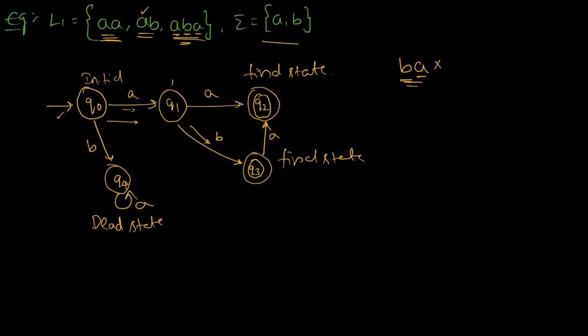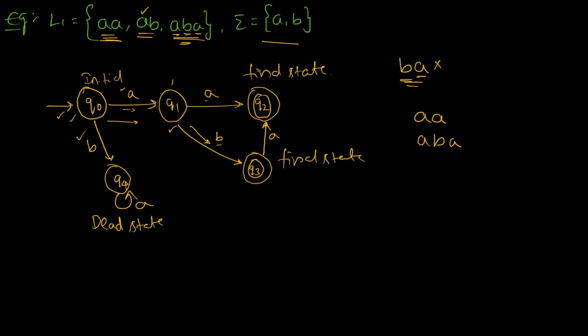Q0 has transitions over A and B, so this is done. Q1 has transitions over A and B, so this is also done. Q2 doesn't have any transitions over A and B. So how do we reach Q2? By seeing AA or ABA.